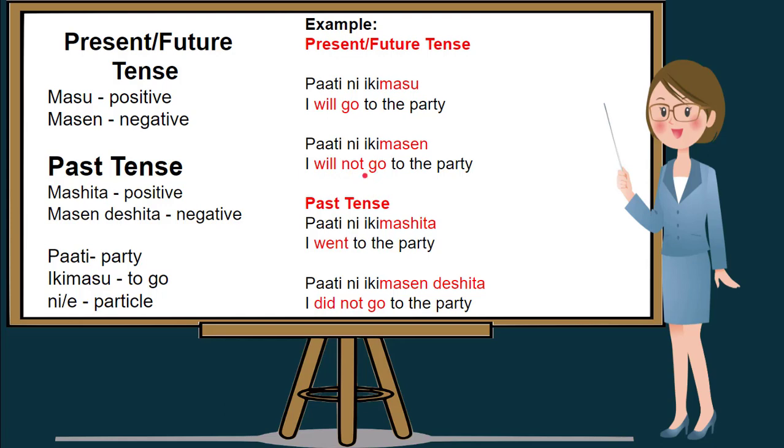Okay, let's try to read the following Nihongo sentences. Paati ni ikimasu. Please repeat after me. Paati ni ikimasu. Next, we will try to read the second sentence. Please repeat after me.